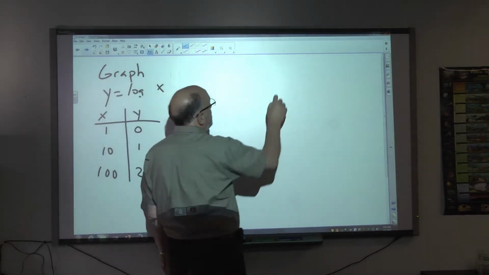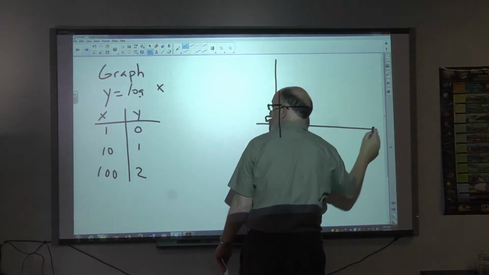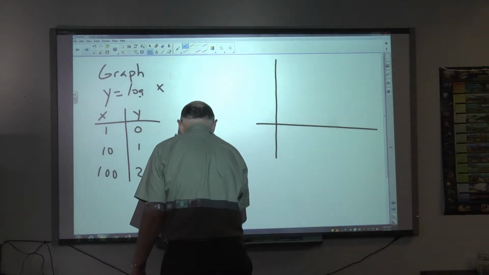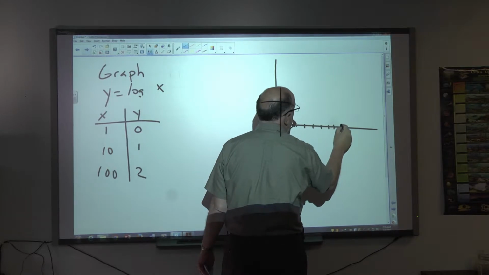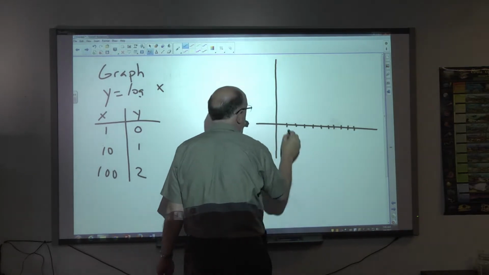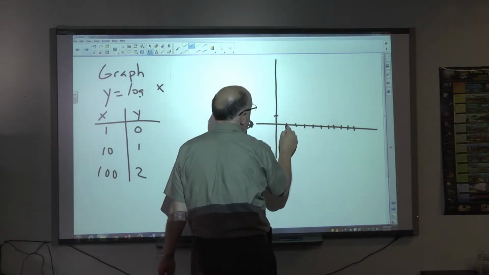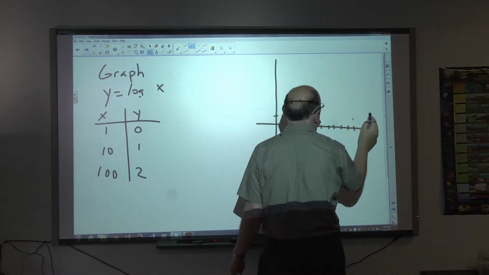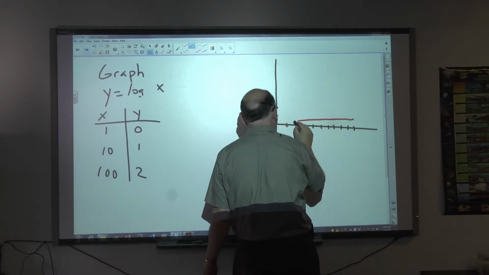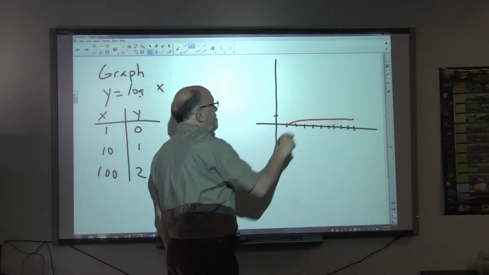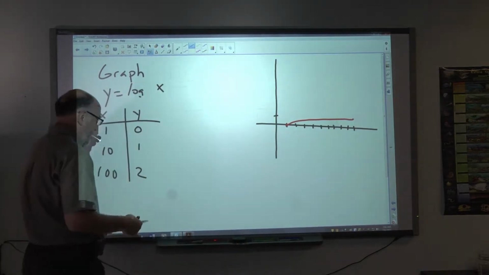If we start to put this on a graph, we end up with something like this. Log of 1 is 0, 10 is 1, and we end up with a curve that is slightly increasing. If I go way out there, eventually we'll be out to 100.